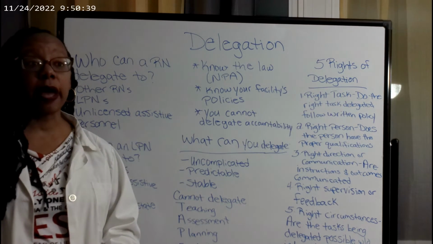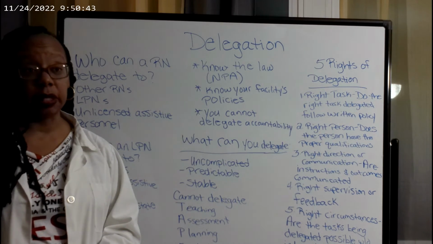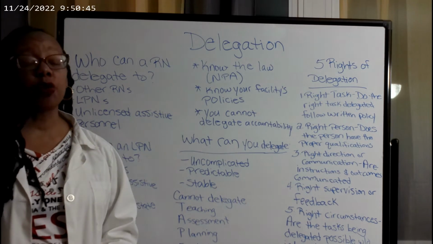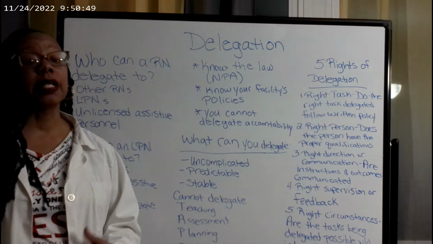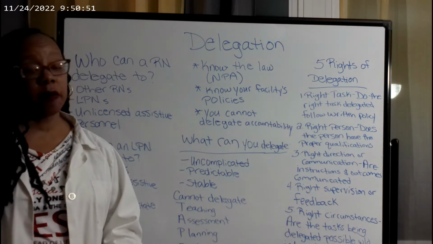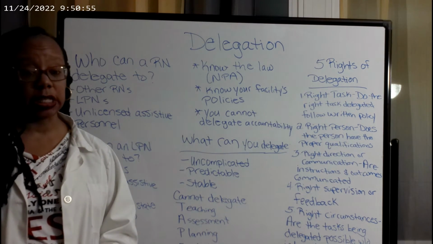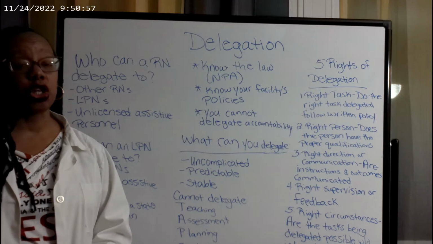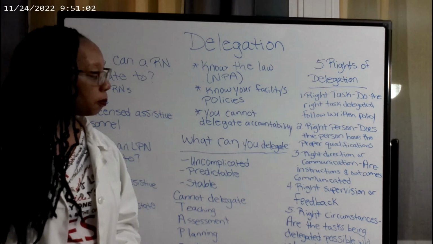So provide feedback after the person has completed the task. And like I said, it's your responsibility to ensure that the task is completed safely. That does not mean you have to stand over the person and watch the person the entire time, but you do need to ensure that the task is completed and completed safely.